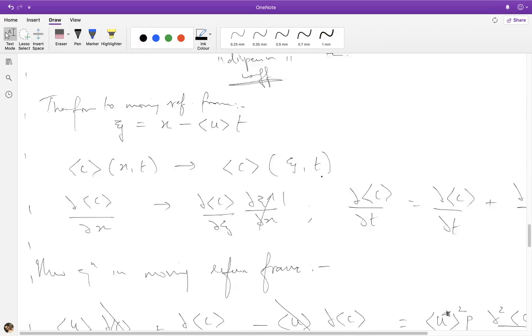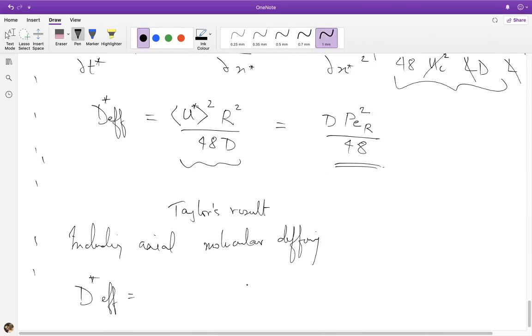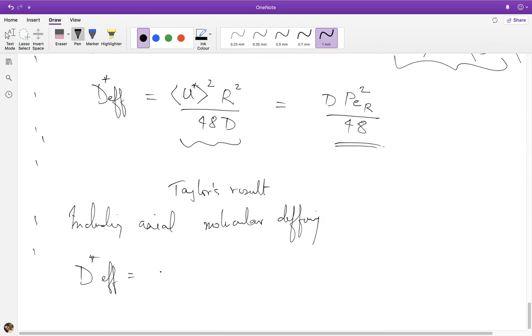So that ultimately it will just add a molecular diffusion constant to the final result. So you would obtain this is equal to D plus U star squared r squared by 48D.